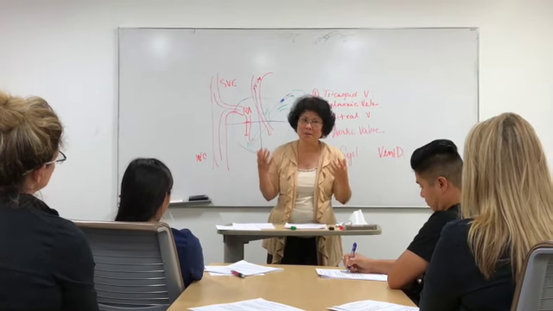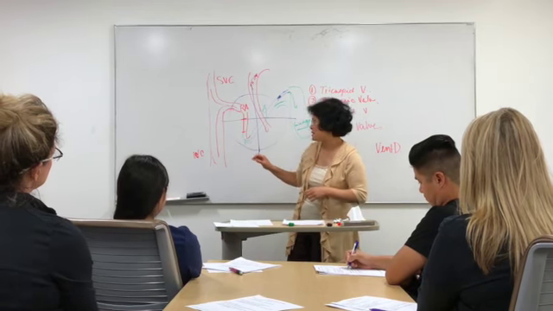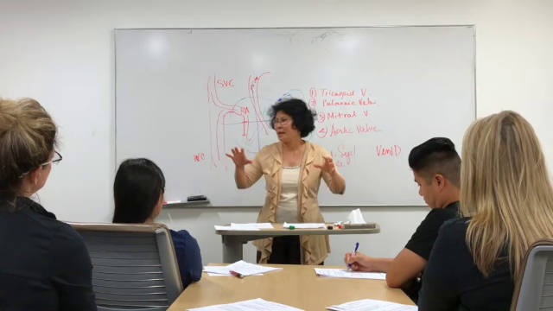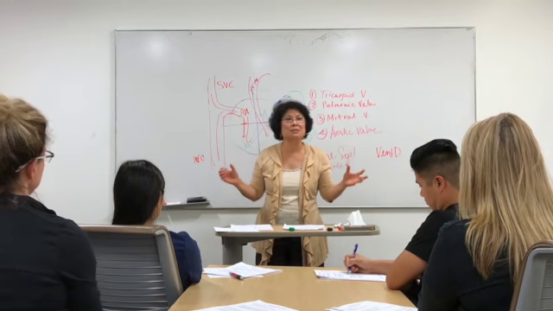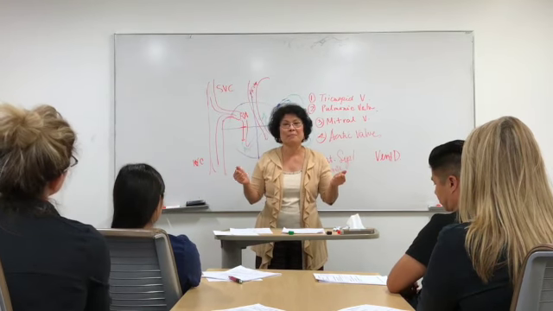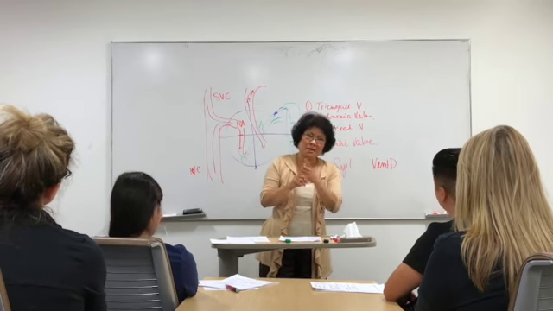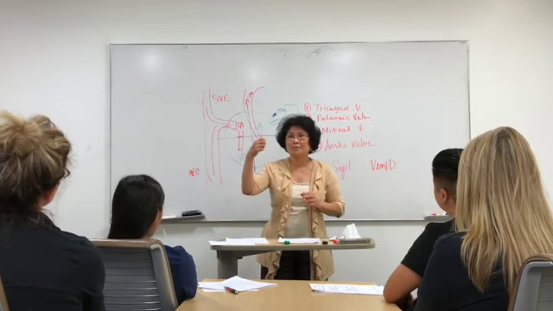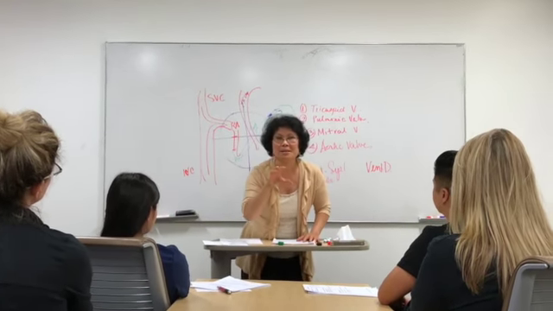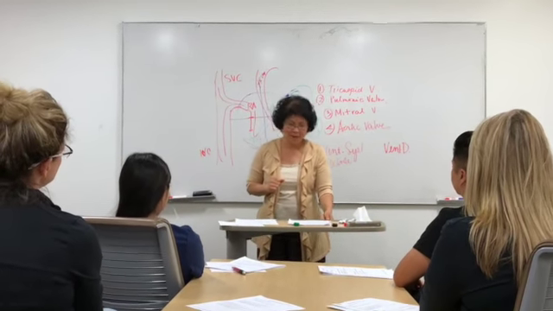And the third one is resistance, because you have to have some resistance to keep the pressure going. In other words, to summarize: heart, volume, resistance. Remember these words, because they relate to cardiac output.